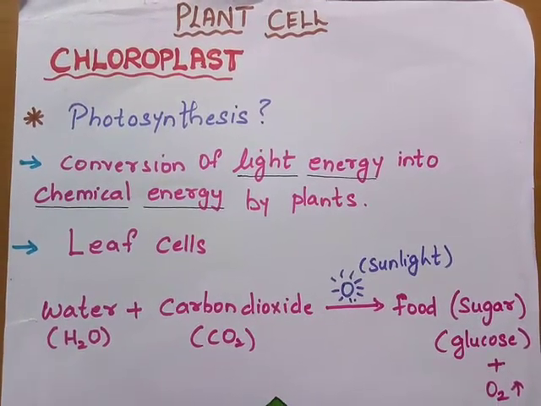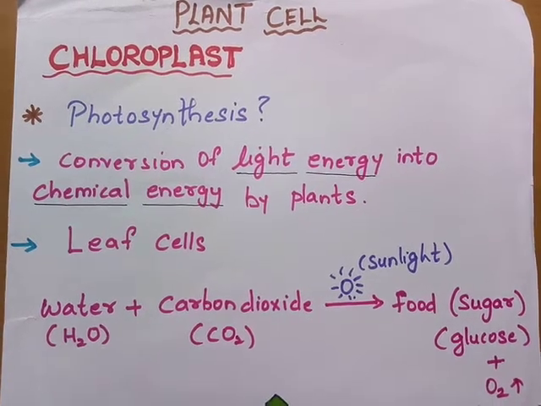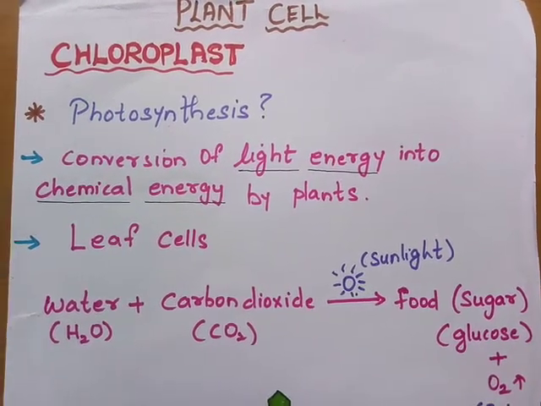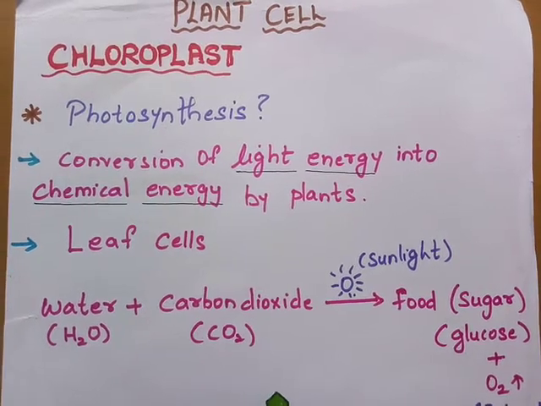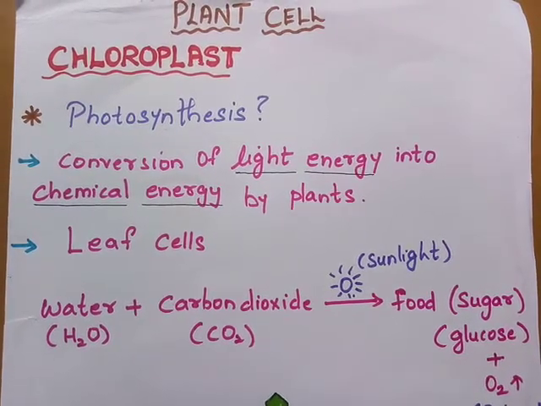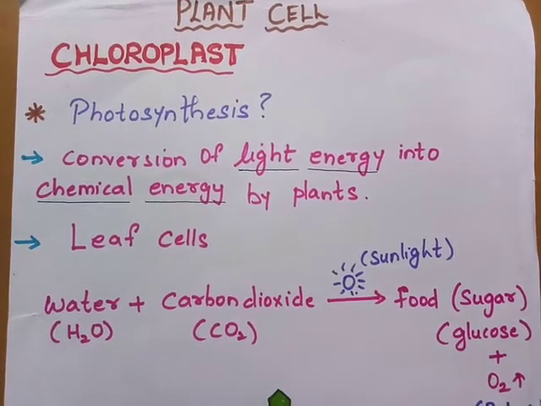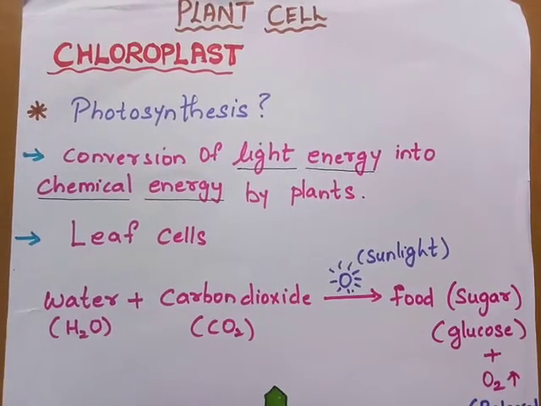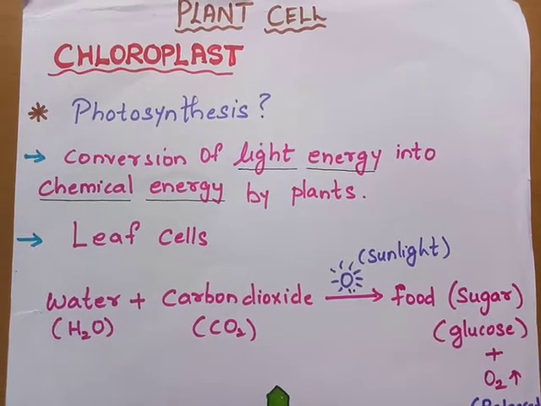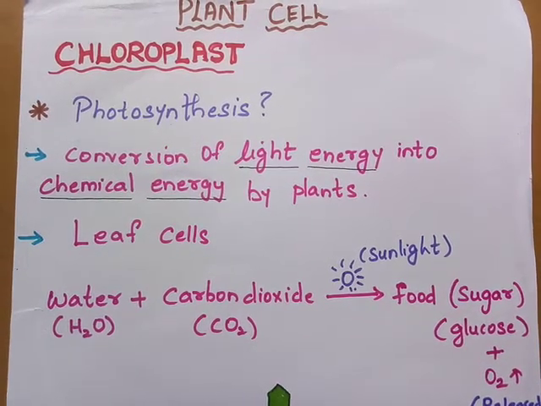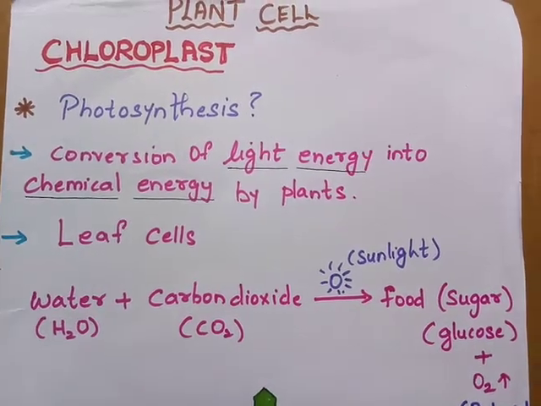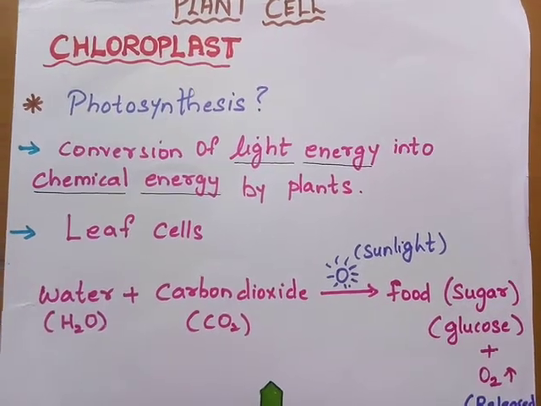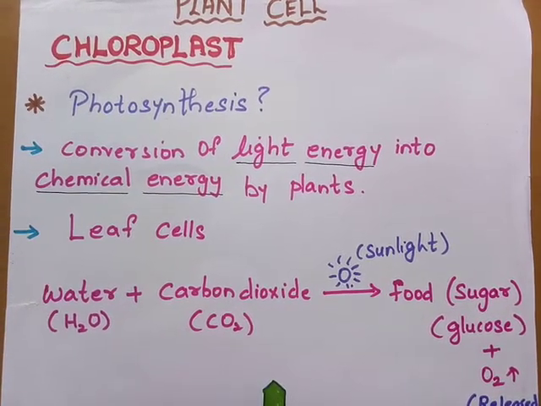So you will get a question: why do the leaves prepare the food? As we all know, the green plants have chlorophyll. That is the reason they prepare their own food. In some cases, the whole plant is green, even the stem and branches. But why do only leaves prepare the food? Why not the other parts?